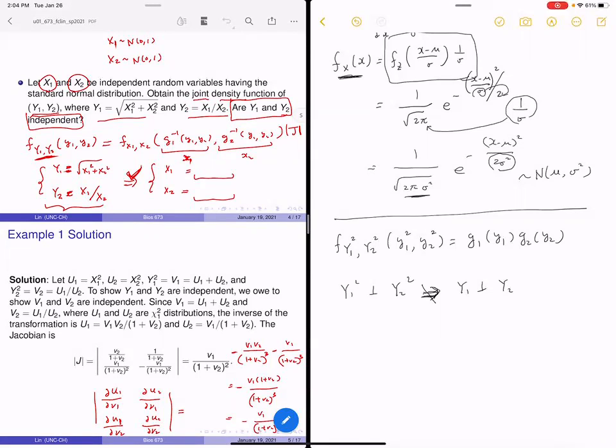Is there any special case where this doesn't stand? I have to tell you, I don't know any special case where this doesn't stand. For every PDF, every random variable you learn right now, if your square is independent, then your Y is independent.